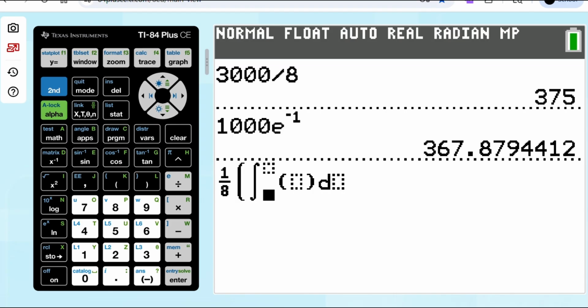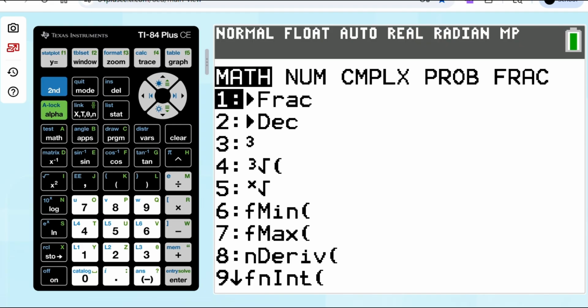First off is the integral from 0 to 5 of that first function. I'm going to do alpha and the x button again to give me this nice little fraction. We're going to put in our function 600t, or in our case 600x, over x plus 3 dx. And then still within that parenthesis, that's being multiplied by 1/8, we want to do another integral, math option 9 again.